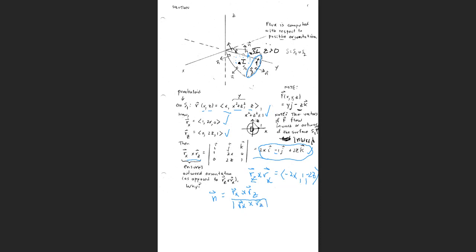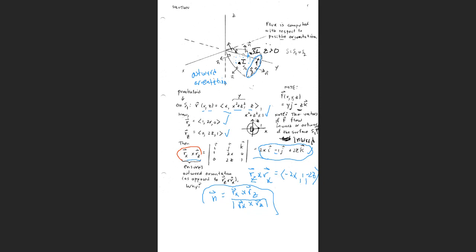But we want the normal unit vectors to show outward orientation. We want our normal vectors to point in the right way. And if we do this cross product in this order, the normal vectors will point in the right way. How can you tell?